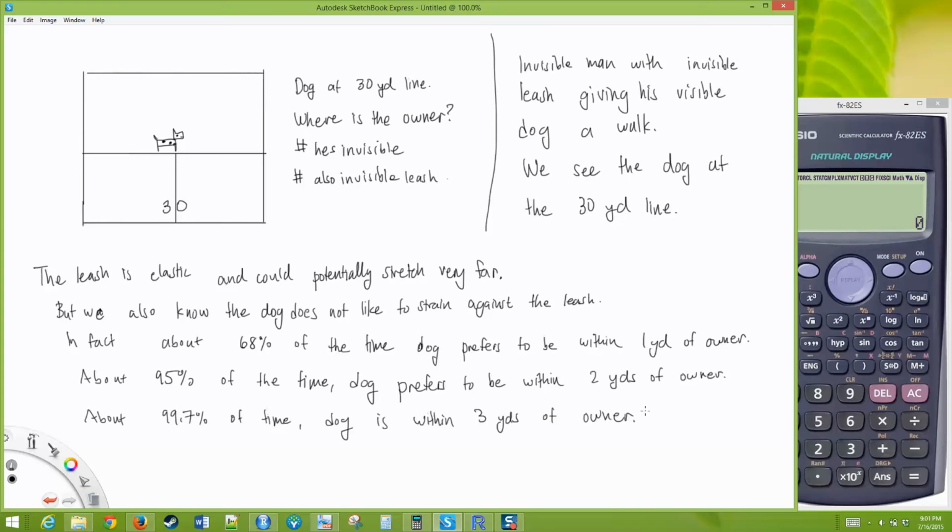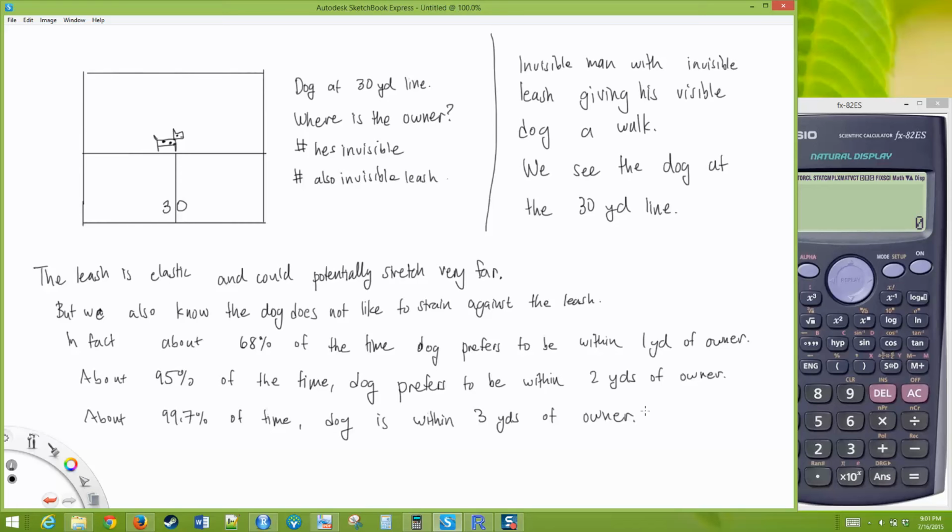So maybe because the leash could potentially stretch very far, we can't pinpoint the owner's location. Okay, and we can't even say, I know for a fact that the owner is, you know, even in this range of the dog.